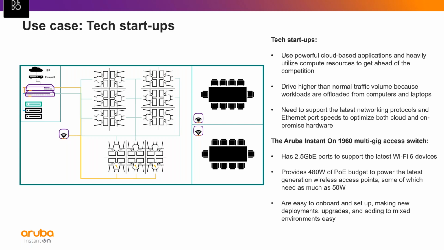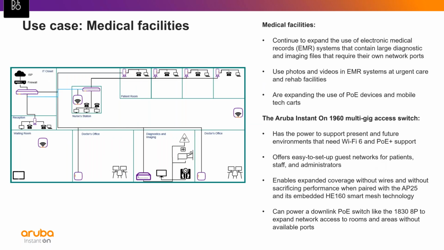In this case, it's actually higher end desktops that are connected, but you can see some of the APs there as well. So it's that potential support for 2.5 gig hardwired devices, laptops, desktops, workstations, and also APs, and then additional power budget for things such as the access points, lighting, etc. So tech startups obviously are going to want the latest and greatest in technology, right?